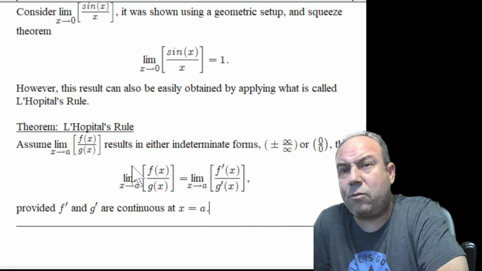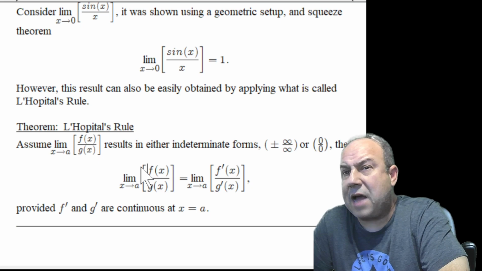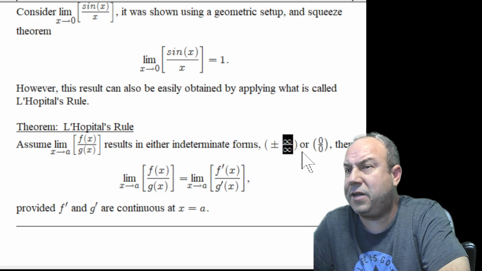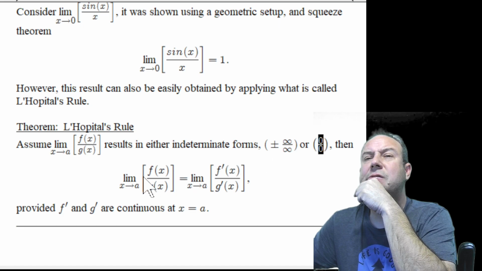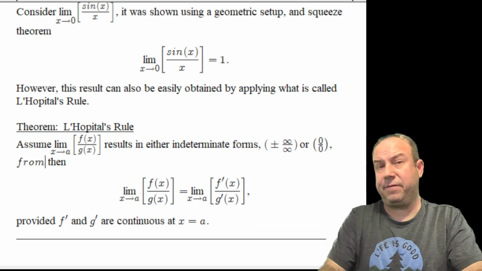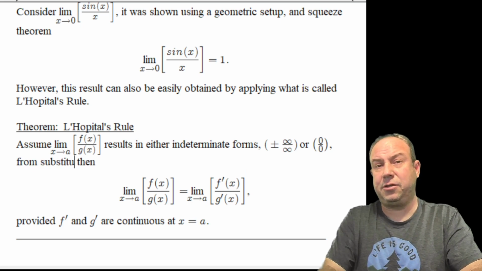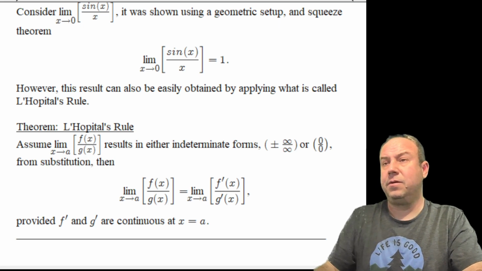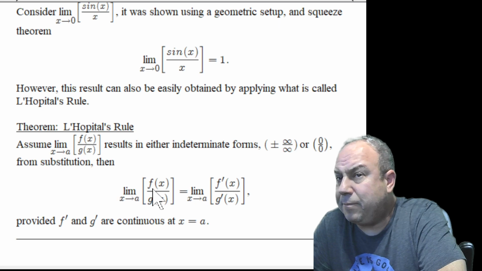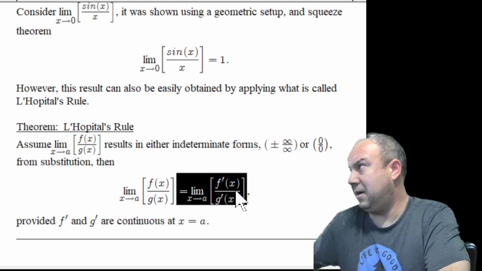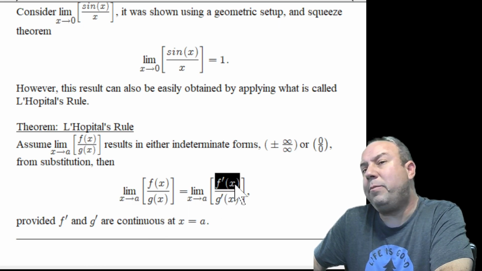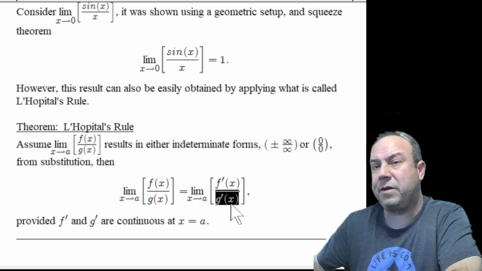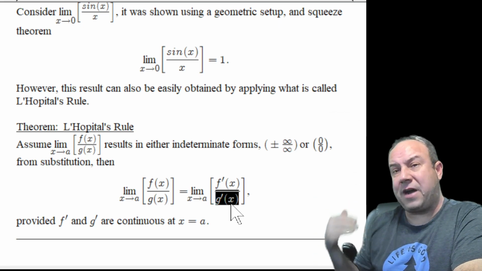And you'll notice what it says is that our limit for this rational form f of x over g of x that produces either infinity over infinity or 0 over 0 through substitution, what we're able to do then is consider the limit as x approaches a, the same limit, now applied to the derivative of the numerator divided by the derivative of the denominator, f prime of x divided by g prime of x.